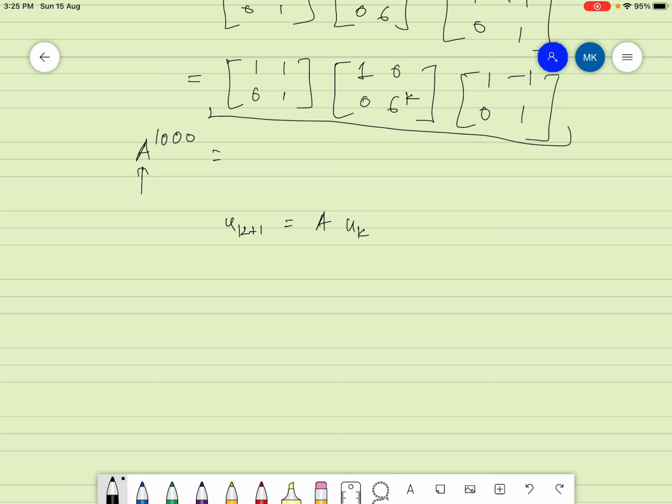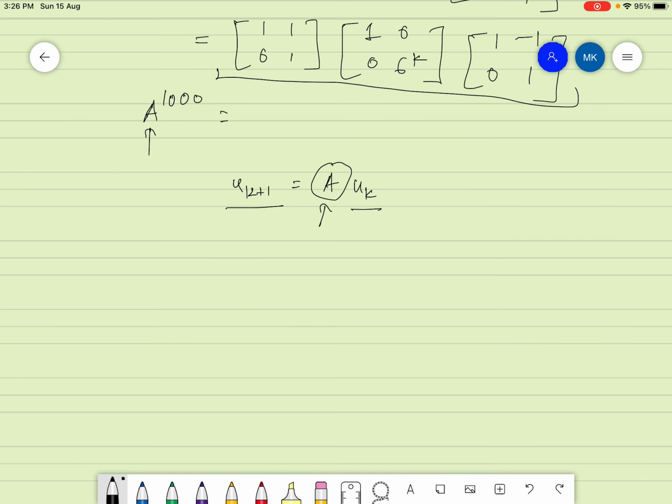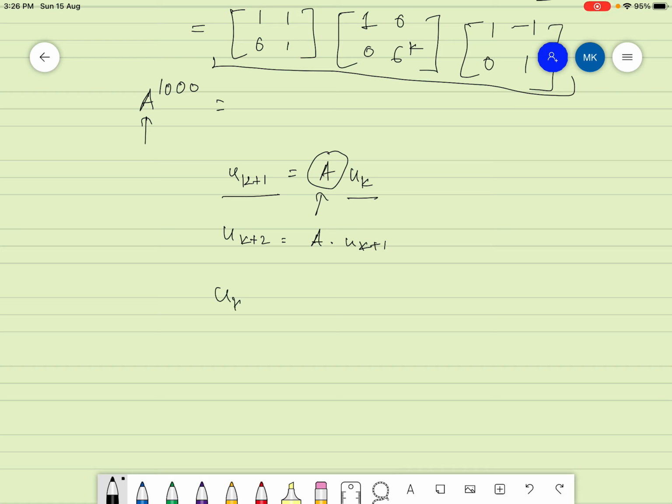That means in a sequence, if you have a vector of terms u k, then if you multiply that with a matrix, you will get the next term, right? So in each step, it is multiplied by A. So u of k plus 2 would be A into u of k plus 1. It goes like this. So basically u of k is A to the power k u naught. So you'll see an example like this.